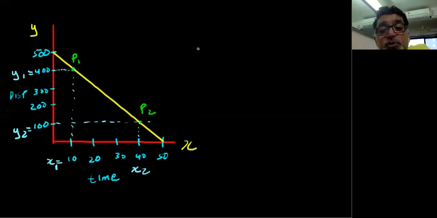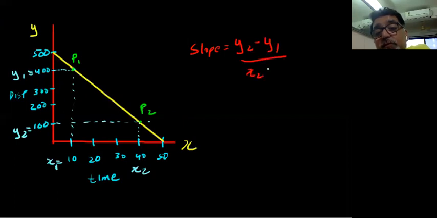Now the formula for slope equals y2 minus y1 divided by x2 minus x1.